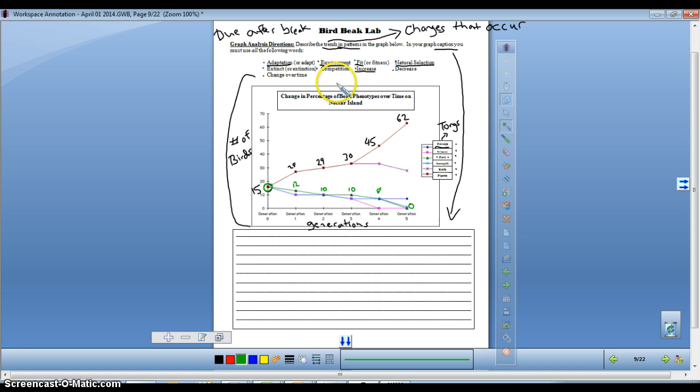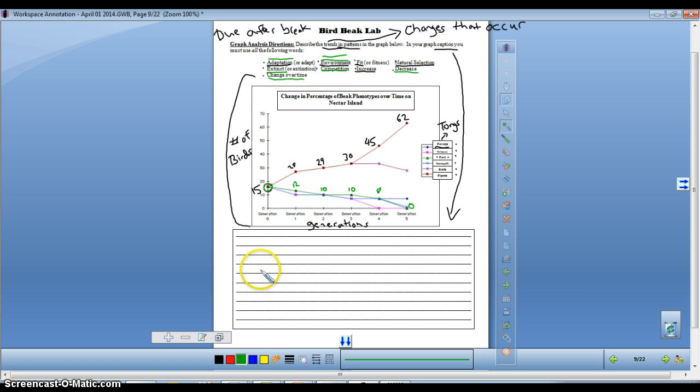You could say birds with fork beaks, because of a change over time of the environment, there was competition, and because they were not adapted to the environment, their population decreased to the level of extinction.